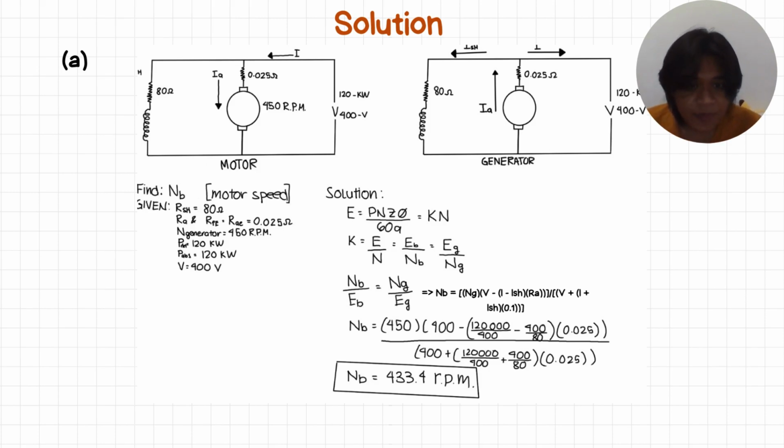Upon knowing that, we directly substitute the values. We have NB equals 450 and so on, resulting in the answer 433.4 RPM. And that value is approximately similar to 435 RPM, which is the answer of the module.